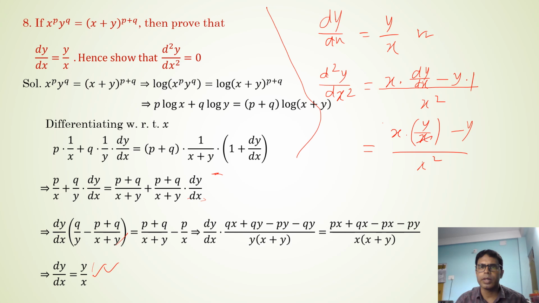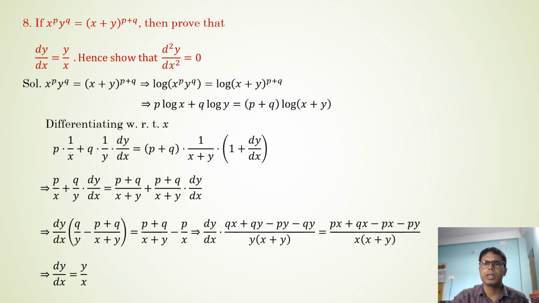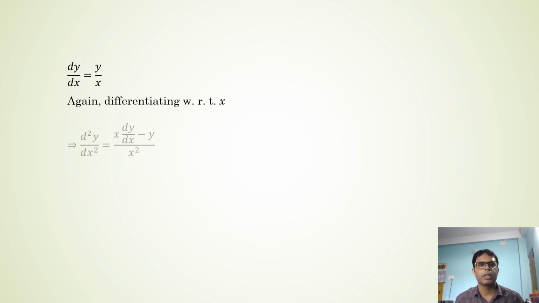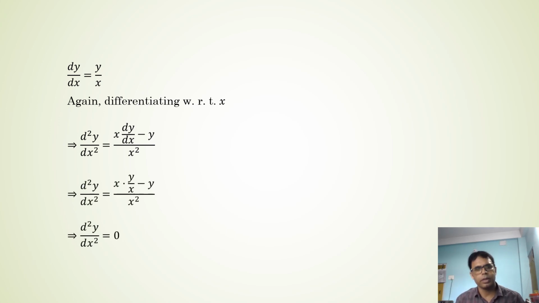Here x and x cancel, this 2x is cancelled, and so it is y minus y by x square, y minus y is 0, so it is finally 0. We have to write those lines, but I can skip them, you already understand. So for d2y dx2, we took the second time derivative, and in place of dy dx we use the value, cancel, and d2y dx2 is equal to 0, and that is the solution for the question. Let me take the next question.